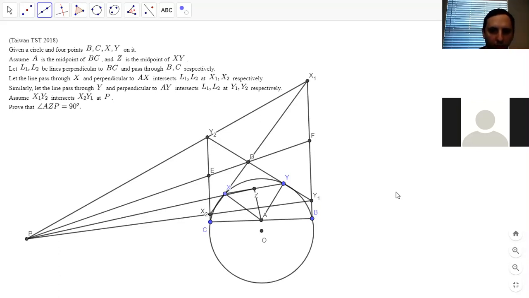So we want to show angle OZA equals angle XZP.